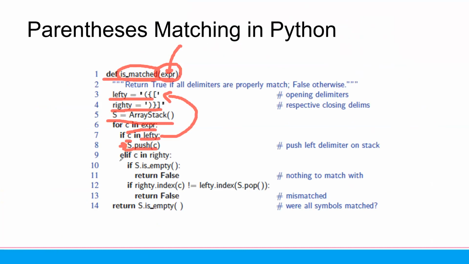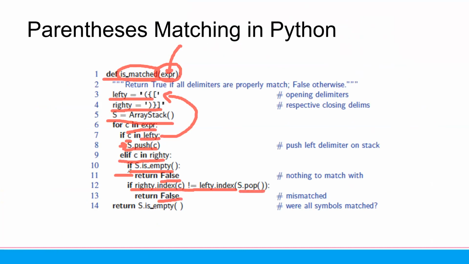If it is not, then I would like to check whether c is in the right. If c is in the right, then check if it is empty, then it returns false. If the right index of c is not equal to the left index of S.pop, then it returns false.